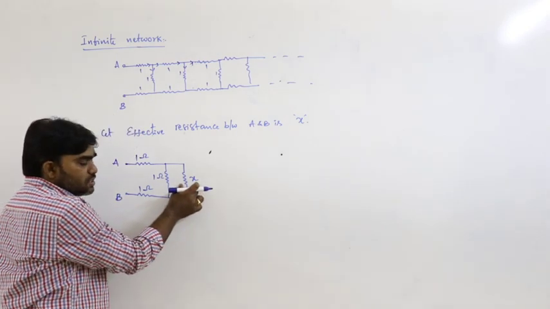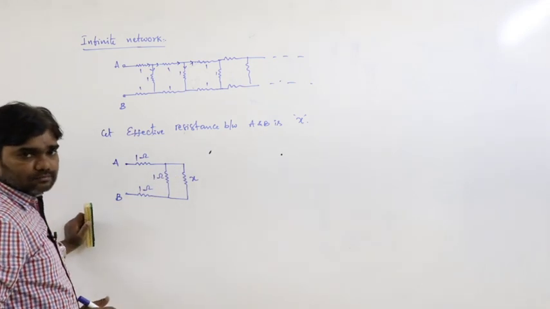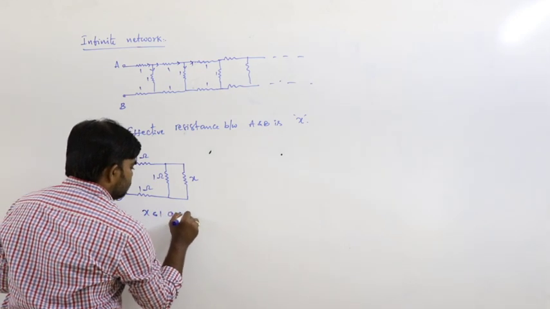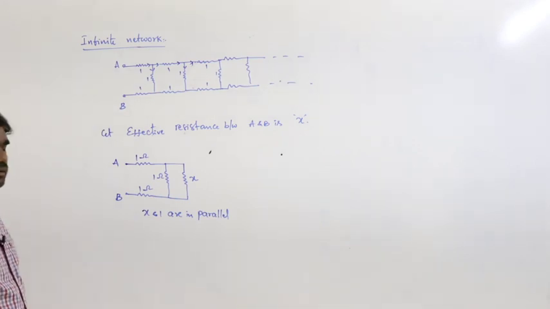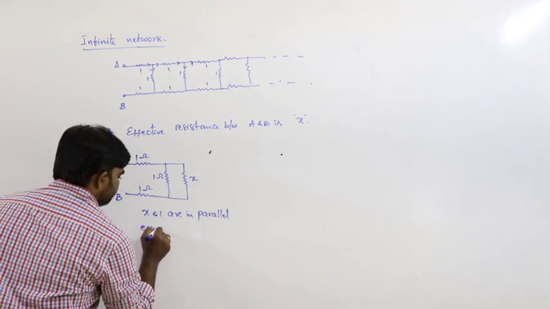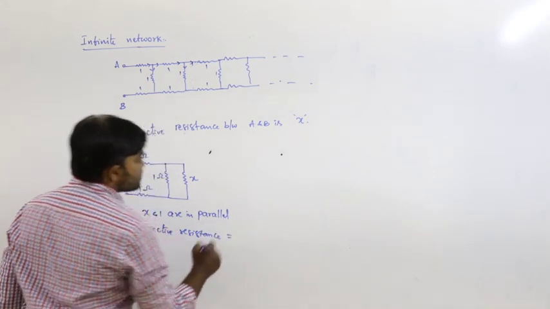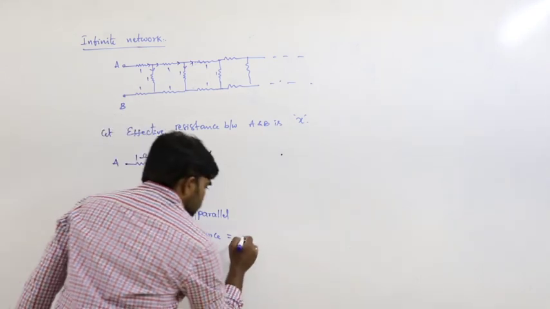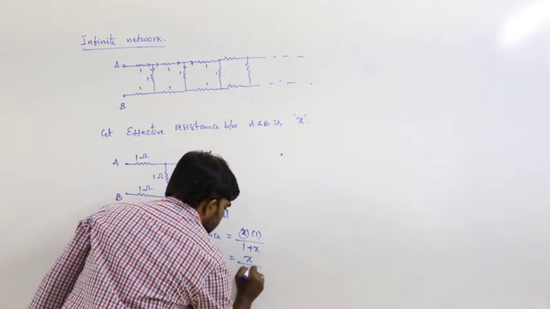Instead of that, I am considering the effective resistance of this part is X. Here X and 1 are in parallel. If two resistances are in parallel, what is effective resistance? R1 R2 by R1 plus R2, that is X into 1 by 1 plus X, that is X by 1 plus X.